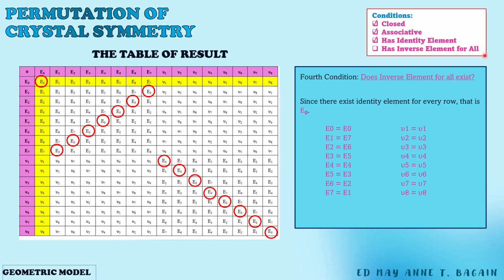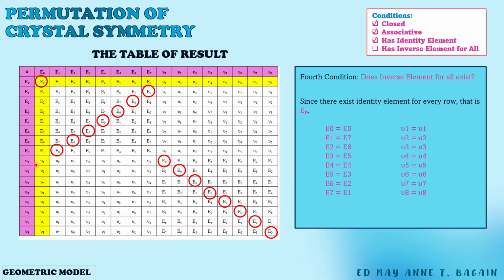That is why the epsilon sub 2 inverse is equal to epsilon sub 6, epsilon sub 3 has the inverse epsilon sub 5, and epsilon sub 4 inverse is epsilon sub 4. Epsilon sub 5's inverse is epsilon sub 3, epsilon sub 6 inverse is epsilon sub 2, and epsilon sub 7's inverse is epsilon sub 1.